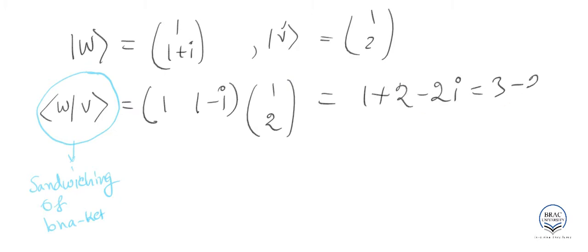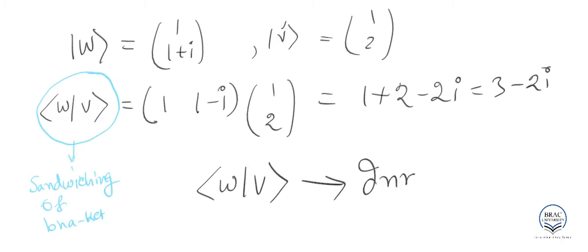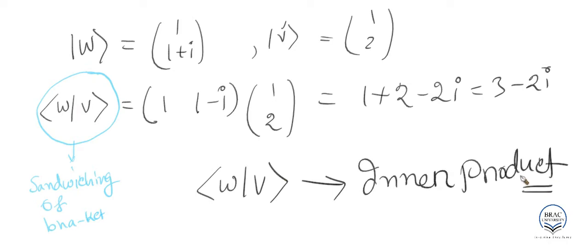So this is 3 minus 2i. And this product of w and v is called the inner product. So this is how inner product is defined.